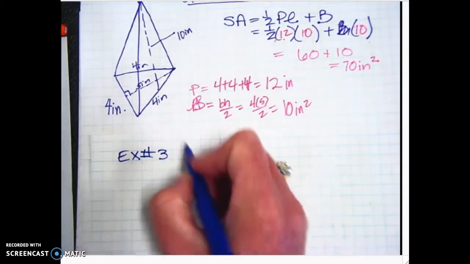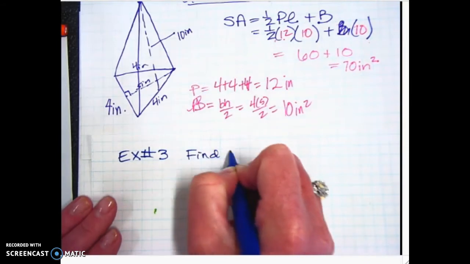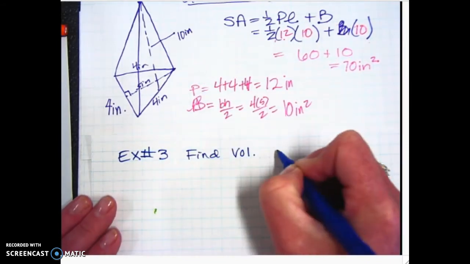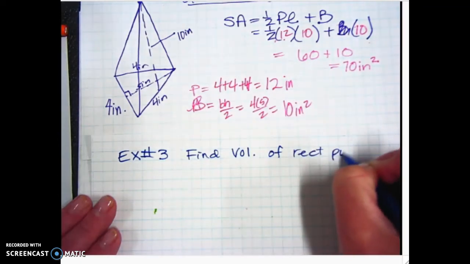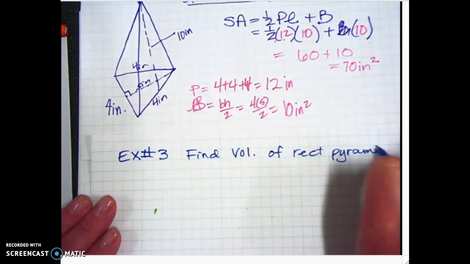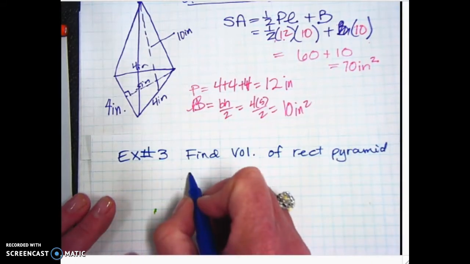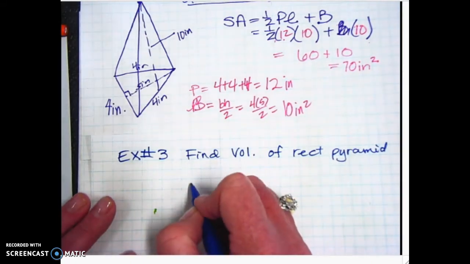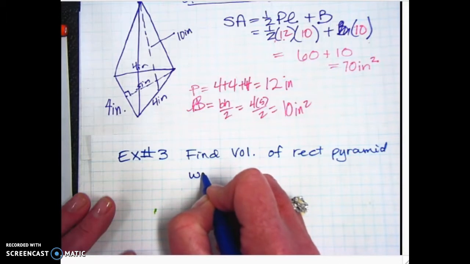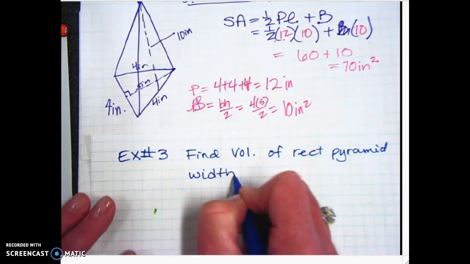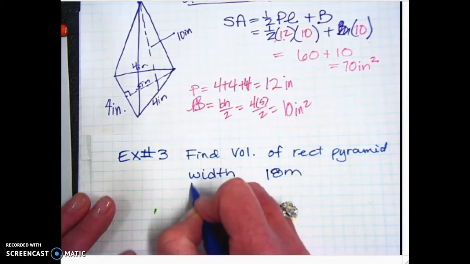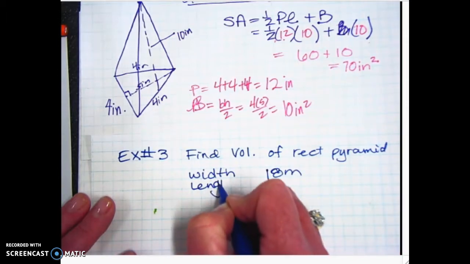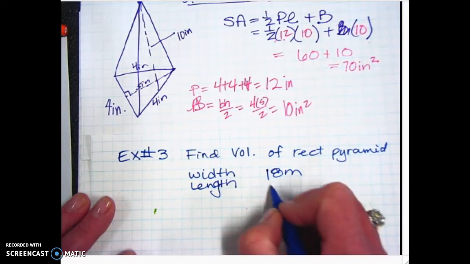Example number 3, we're going to find the volume of a rectangular pyramid. So for a rectangular pyramid, we need a width of 18 meters and a length of 11 meters.